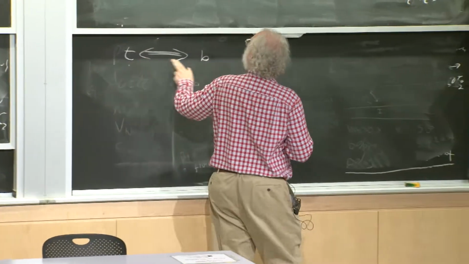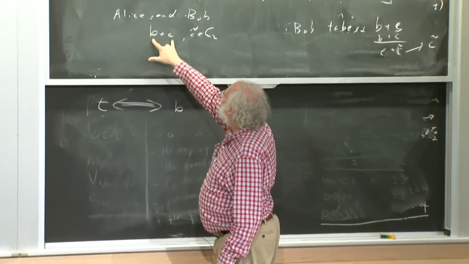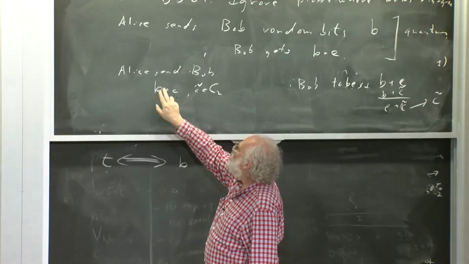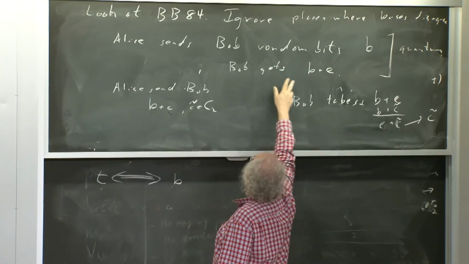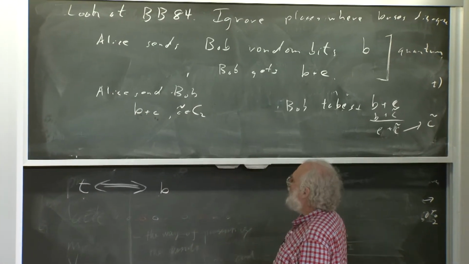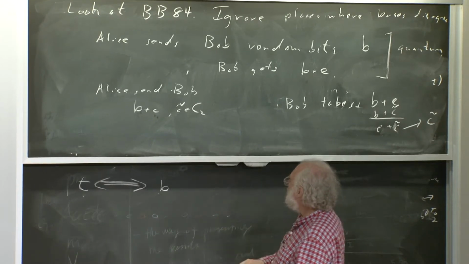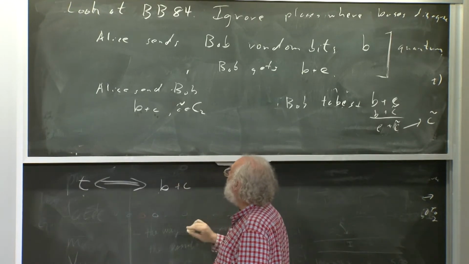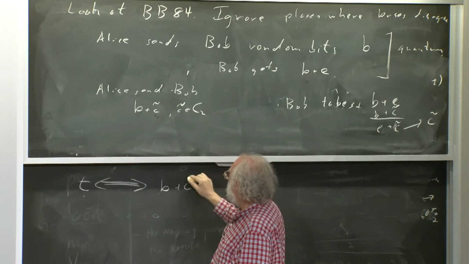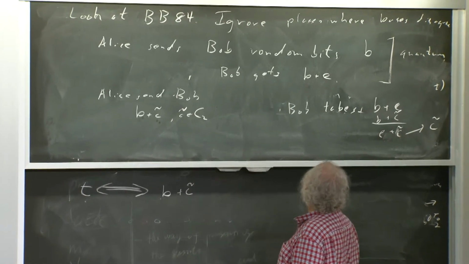And the same thing is here. Alice sends Bob B plus C tilde on the classical channel.